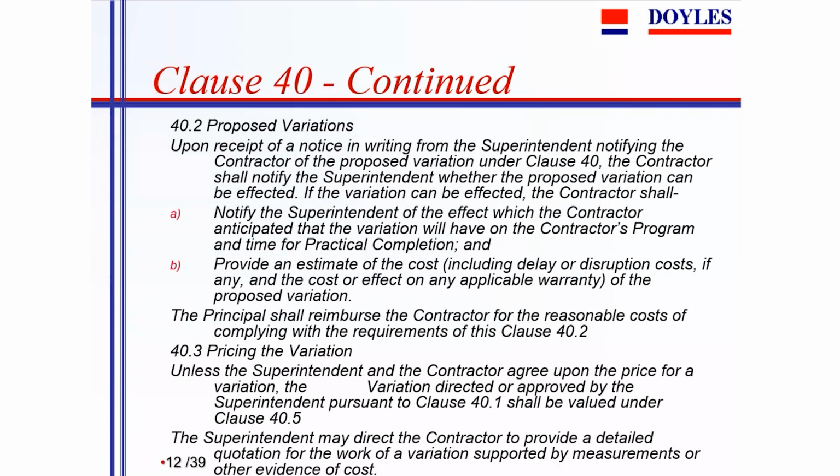the superintendent can also ask the contractor to price a proposed variation. That is, he wants to shift windows, but he's a bit concerned about the cost, so he proposes a variation and in the circumstances he gets from the contractor a proposal of price and time. And the next slide, if you can.